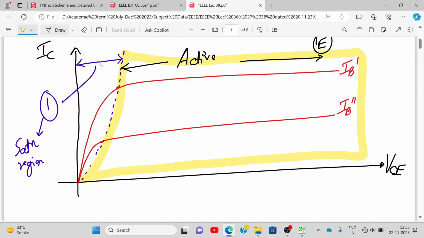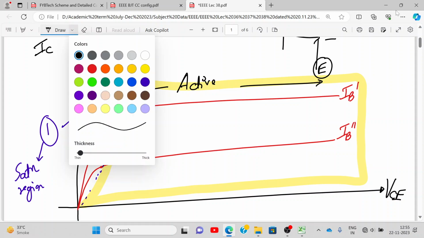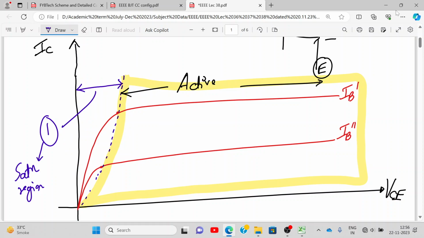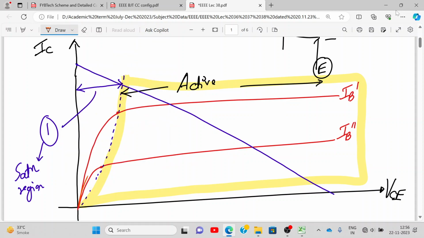Now, what is my Q point? Listen carefully. Let me draw it a little bigger. If we plot this line, and we have one more curve, this is IB.